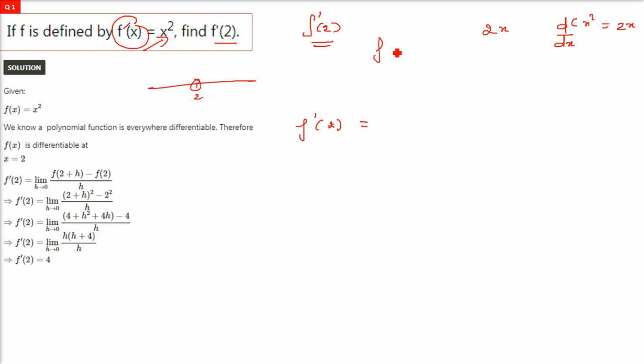When we were discussing how this first principle came, we used to take f(x) minus f(c) by x minus c, the left hand limit, that is the left hand derivative, and then the right hand derivative. We wanted to show that both values come the same. And that is how we arrive at the final formula or the expression for the first principle.